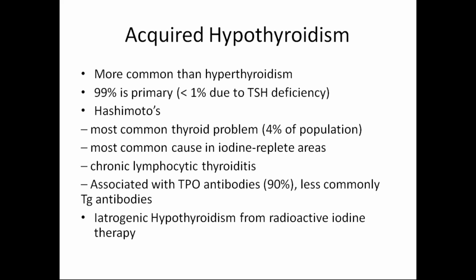It is a chronic lymphocytic thyroiditis, associated with antibodies like thyroid peroxidase antibodies, and less commonly thyroglobulin antibodies. Iatrogenic hypothyroidism from radioactive iodine therapy can also be present, and that also constitutes acquired hypothyroidism.